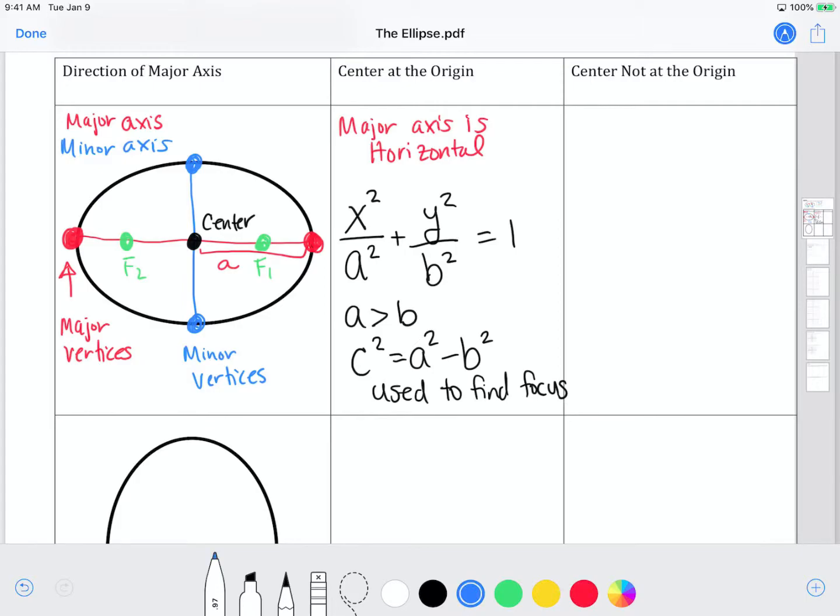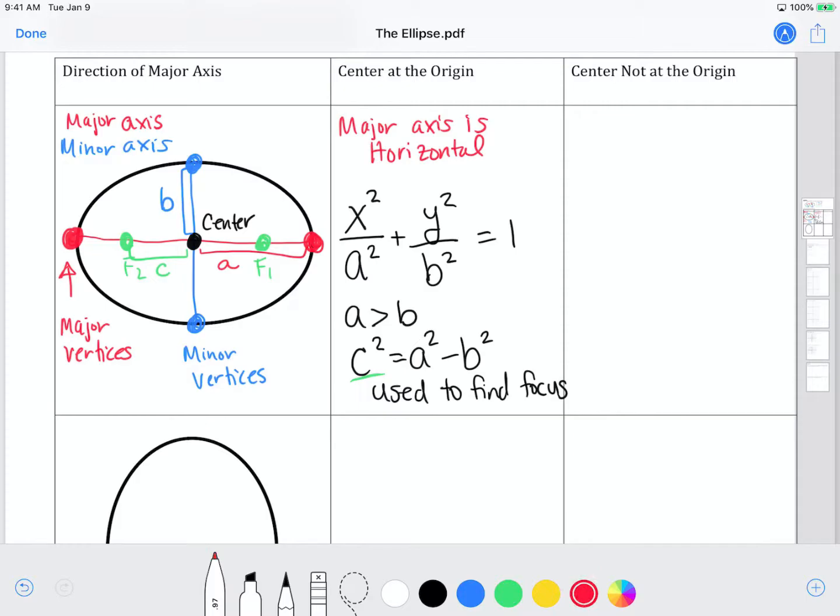Your value of B is going to be from the center to your minor vertice. And the C is what we use to find the focus point. The C is from the center to the focus point. So whatever that distance is that you find for C, that's how you figure out what your focus point is. You come out C distance in either direction from your center.